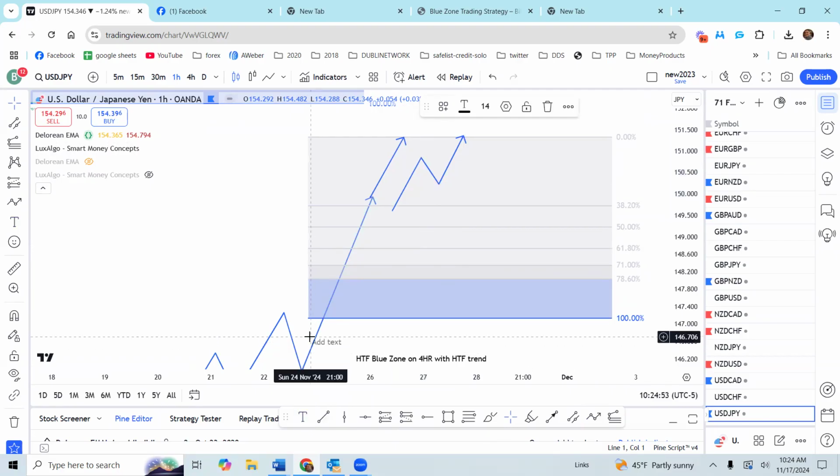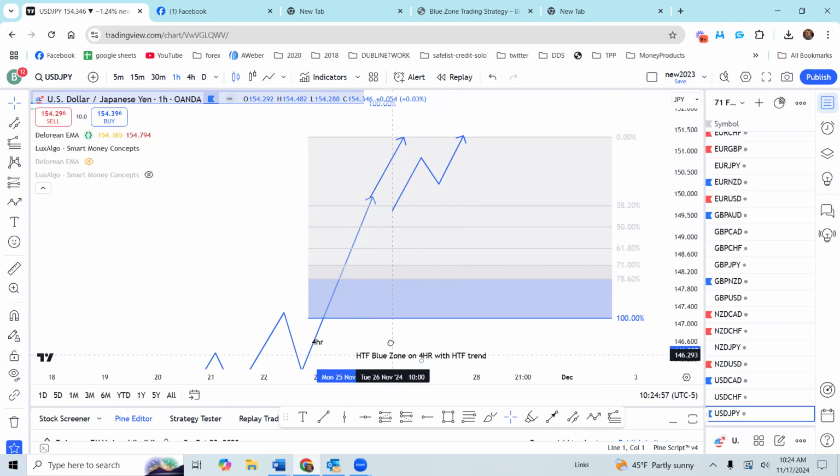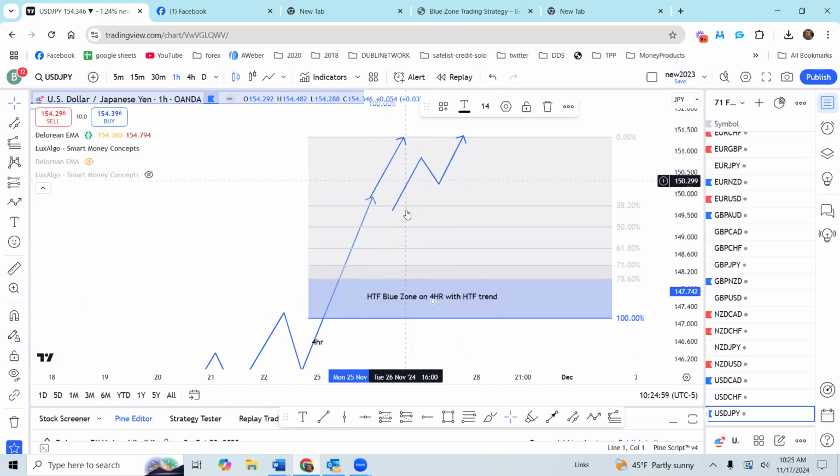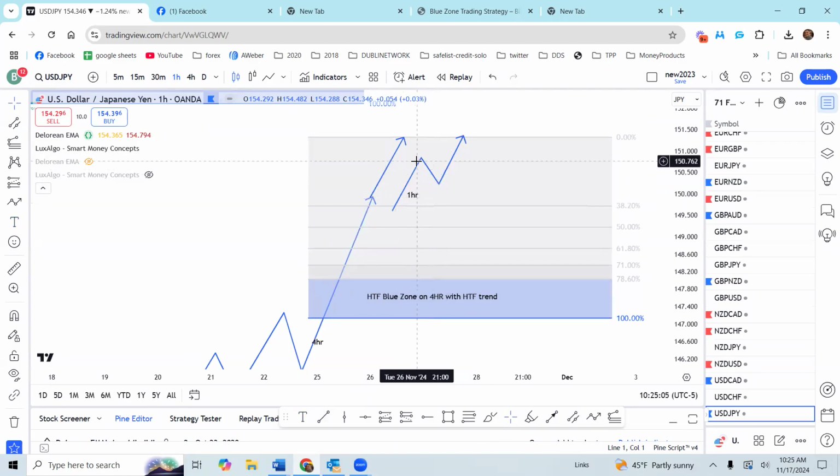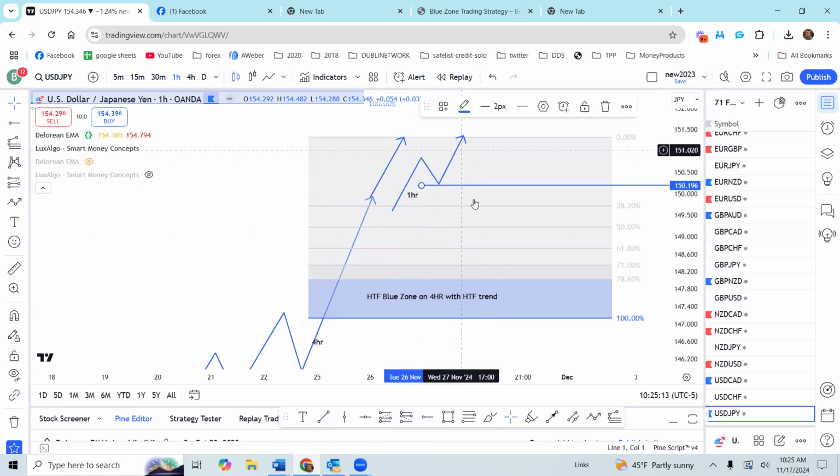This line here is the 4 hour. This line here would be what it looks like on the 1 hour time frame. So on the 1 hour time frame, we get this area right here where we can get a change of character.